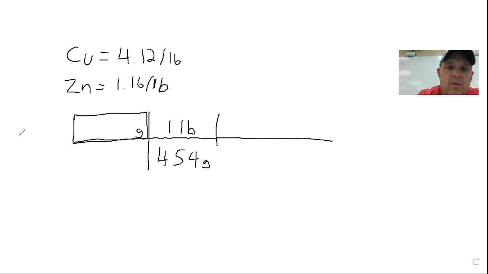Now, we know how much it costs per pound. So 1 pound is equal to $4.12. Now remember our dimensional analysis and why we do this. It tells us what we need to multiply and divide. When we do this, the top cancels with the bottom, and we're left with just our money.